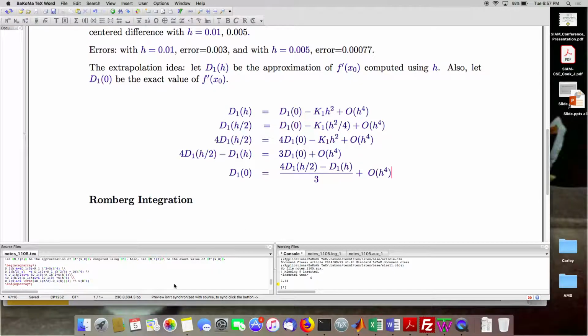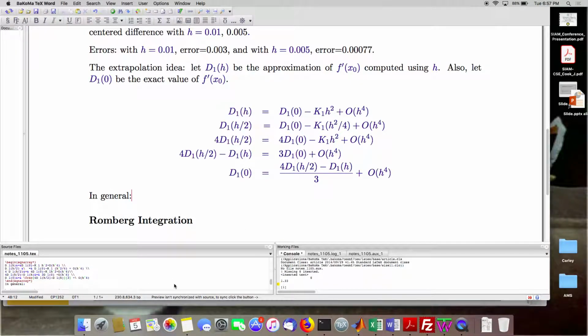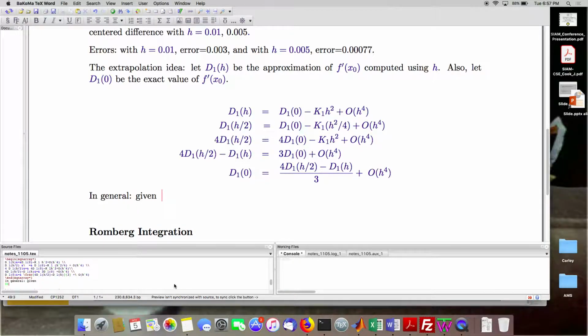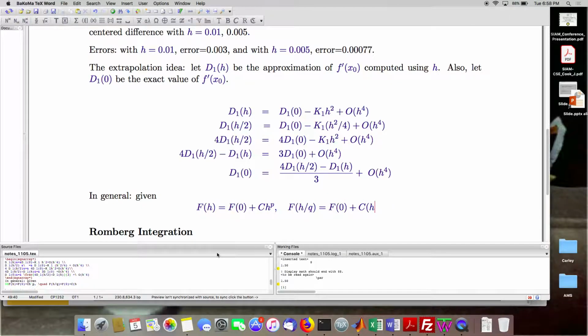Now, how does this work in general? If we're given the following: an approximation that depends on some spacing h is equal to the exact value, which is when h is 0, plus a constant times h to the p. And then we do the same thing with h divided by some factor q. In this example, p and q are both equal to 2.